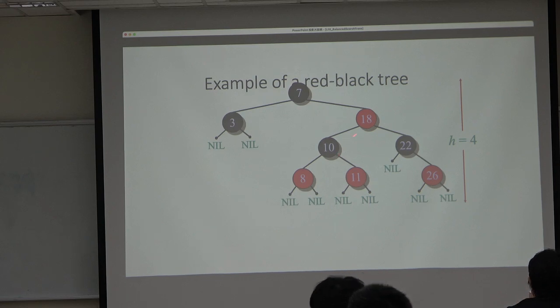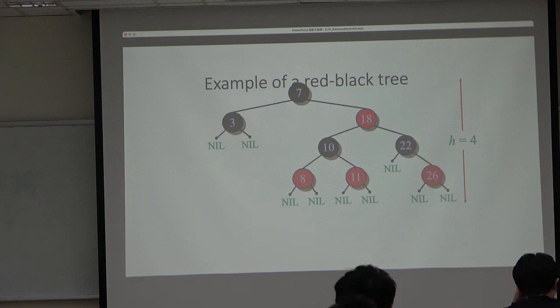So a red-black tree must be a search tree, or a binary search tree to be more specific, because it's a binary tree. And you can see that each node is associated with a color.